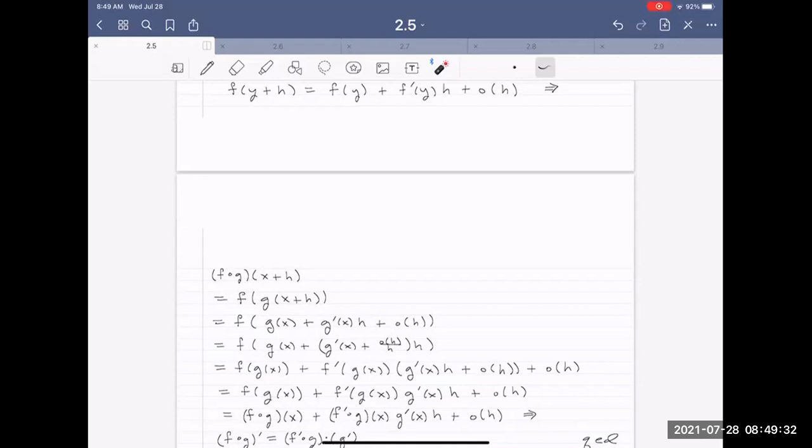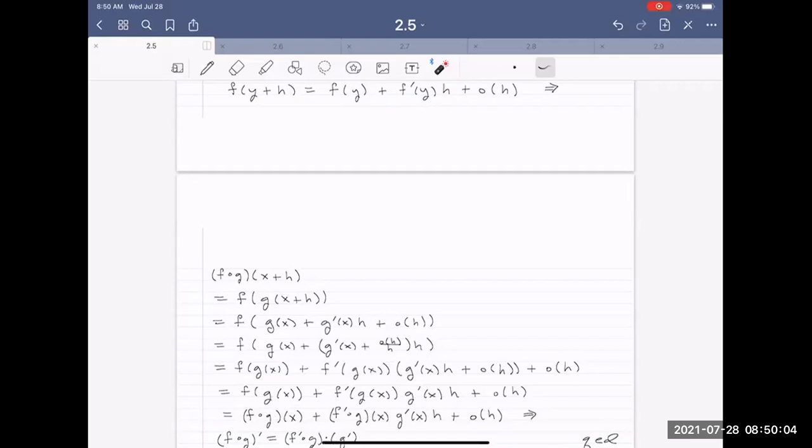So I have that f of y is f of y plus h is just f of y. And so this is equal to f of g of x plus this, which is f prime at g of x times this little h, which I'm calling this.